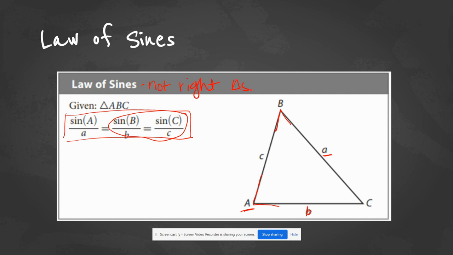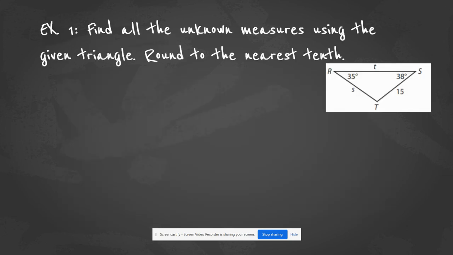So let's go ahead and see how we can use this formula to be able to find solutions. What I have here is a triangle with a couple of pieces of information. It is not a right triangle, so I can't use any of the theorems that I've learned up to this point. That's why I'm using law of sines for this question, okay?